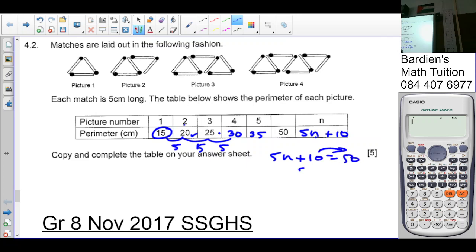Take it over. So 5n is equal to 40, divided by 5, it's going to give you 8. There we go. That's more like it. If the 50 was on top, then you would have gotten to 60 centimeters for the length of the matches. Copy and complete the table in your answer book.